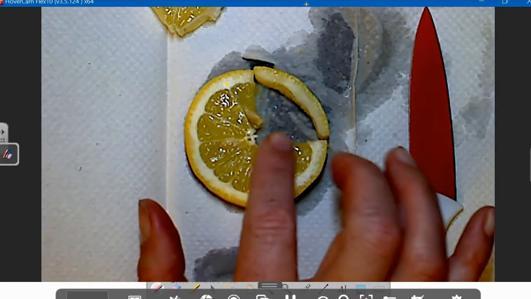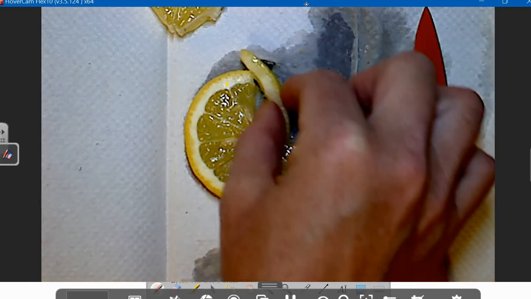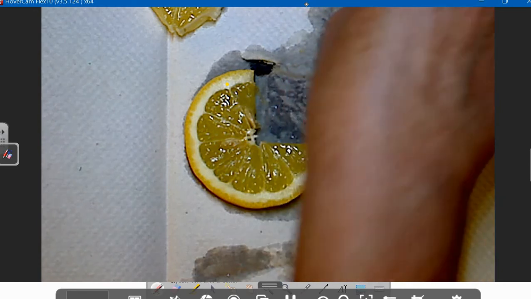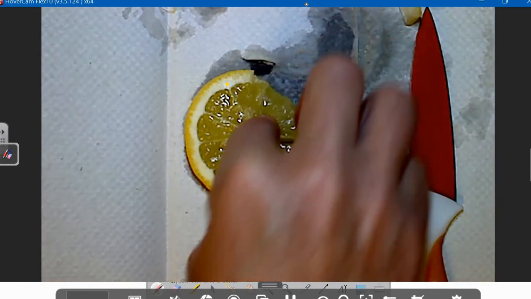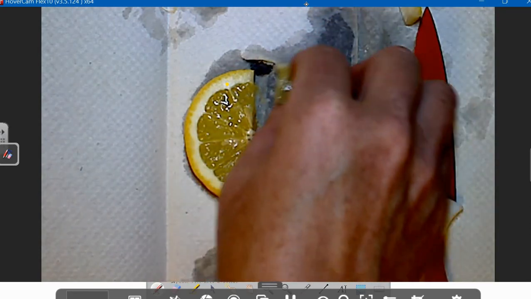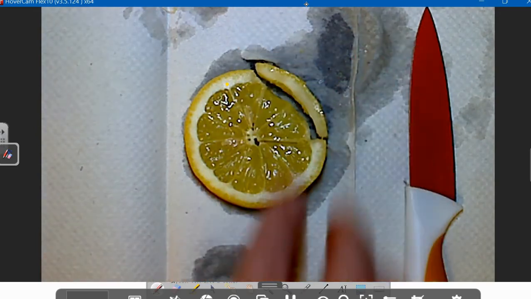So get the distinction here. Arc length is a piece of this circle's circumference. Sector area is a piece or a fraction of the entire area. Arc length and sector area.